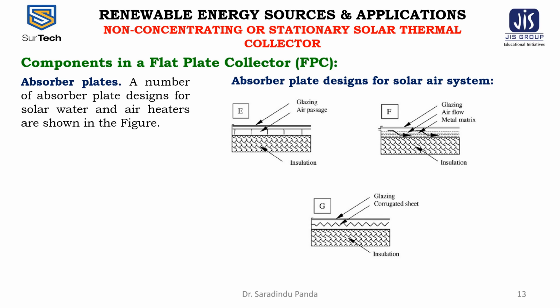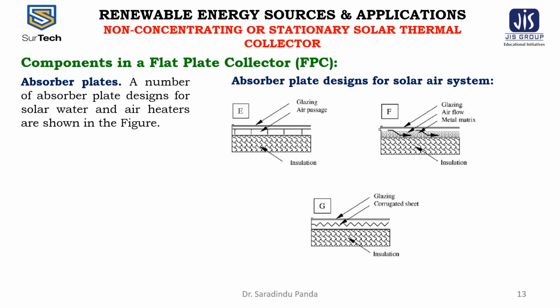The air or other gases can be heated with the flat plate collector, particularly if some type of extended surface, like figure E, is used to counteract the low heat transfer coefficients between the metal and the air.